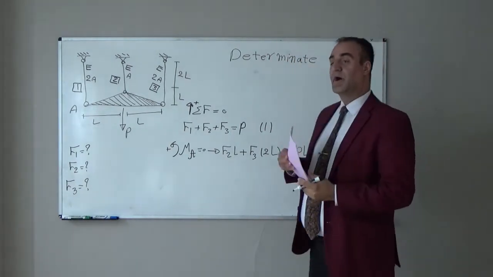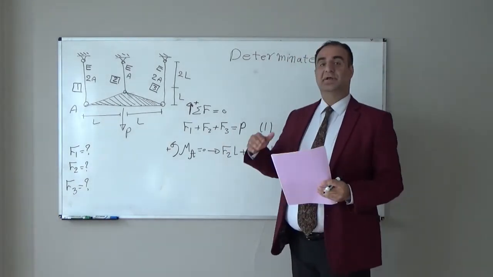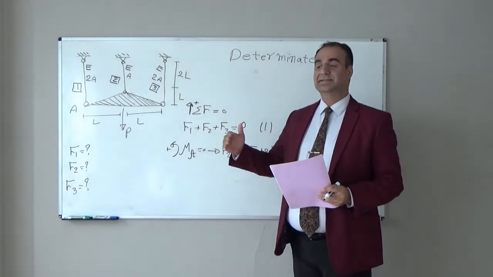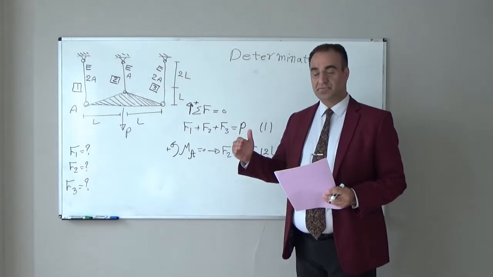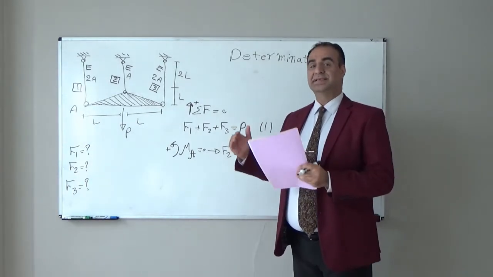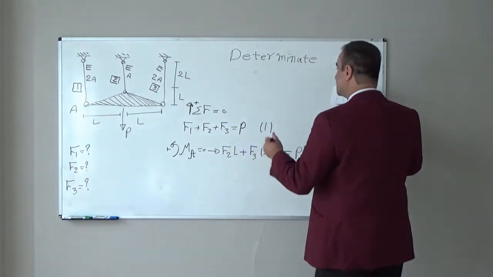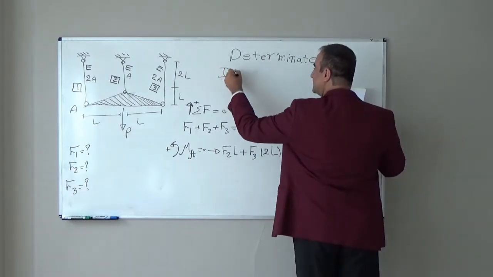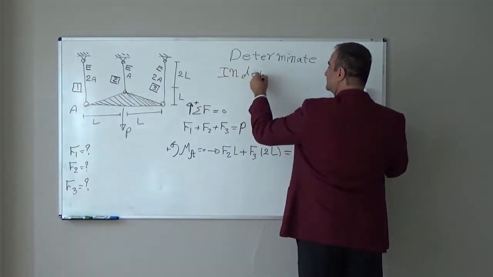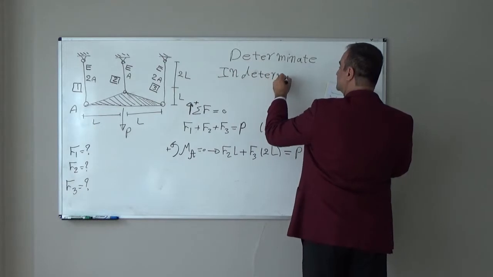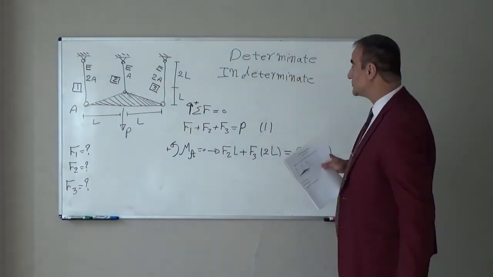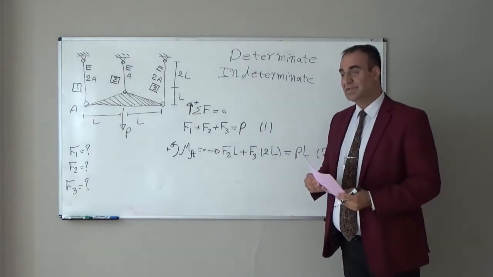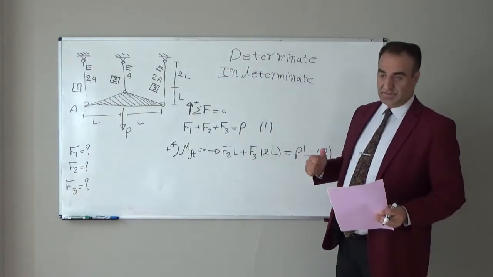If the number of unknowns is greater than the number of knowns, in that case we cannot find the unknowns using only equilibrium equations. That kind of structure we call indeterminate. So in an indeterminate structure we will need an additional equation.